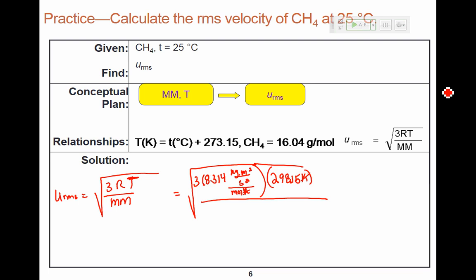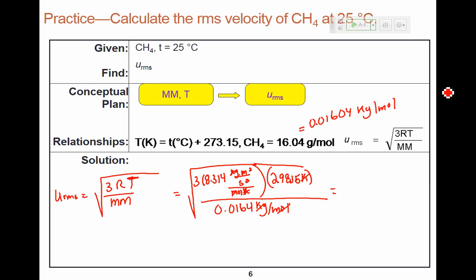So 16.04 grams per mole would be equal to 0.01604 kilograms per mole. Remember, there's 1,000 grams in 1 kilogram. Kilograms are bigger. So we do have to do that small conversion because of what our R is in, our units. That way, kilograms and moles can cancel out.